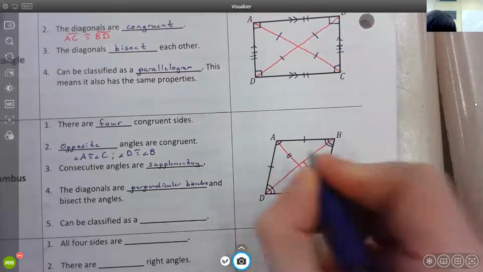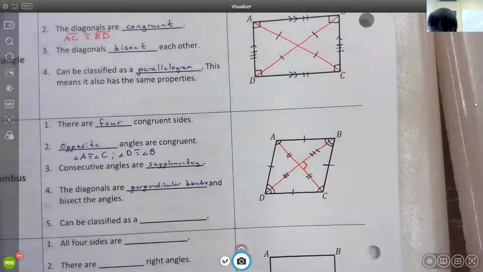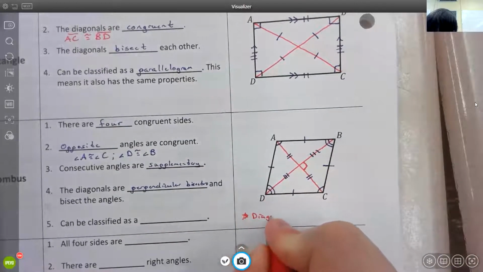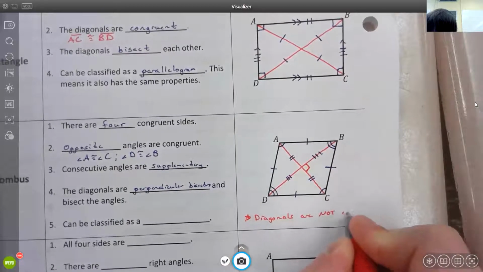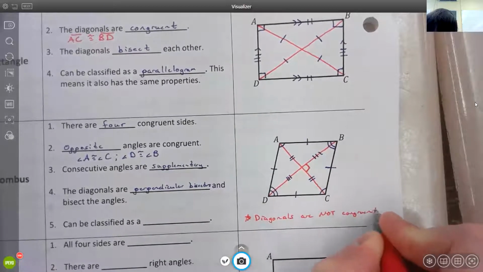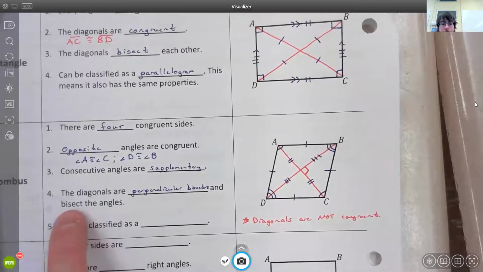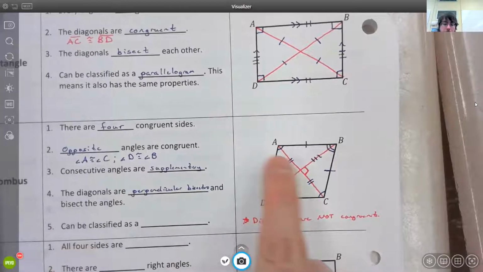But I do want to note that these diagonals are not congruent. So in a rhombus, the diagonals are not congruent. However, they do split each other into separate bits, and they also bisect the angle. That means the diagonals split each of those angles in half.